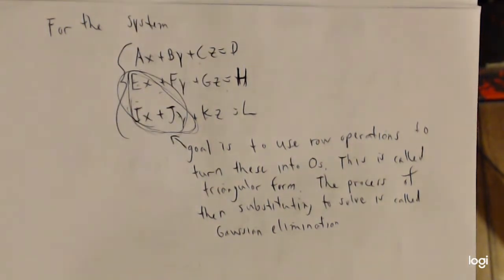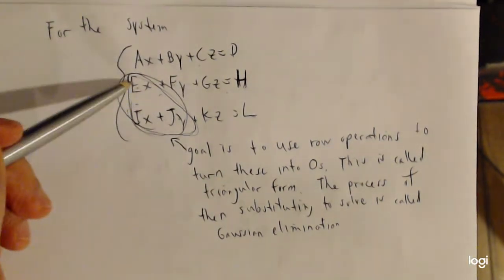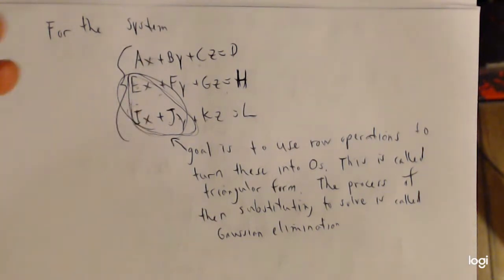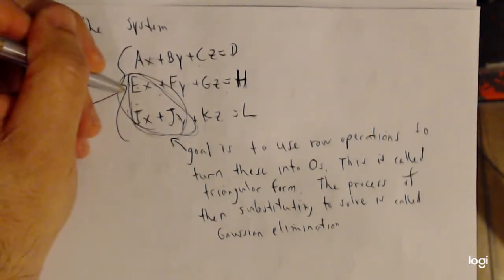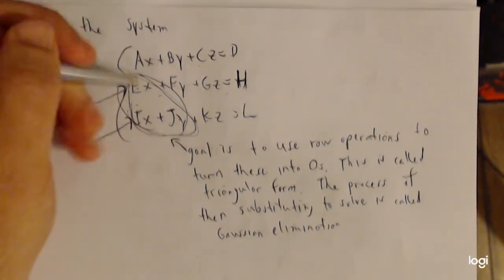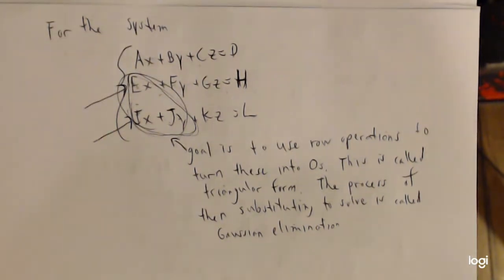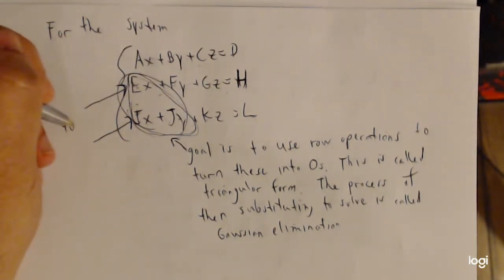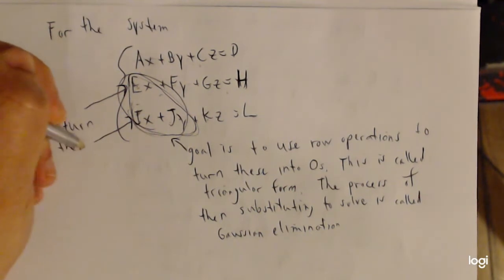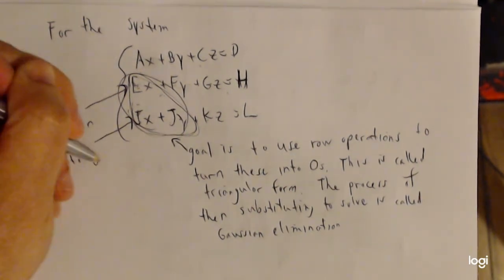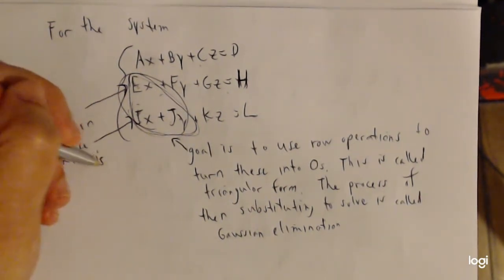Now, one comment I want to make is this. Whenever you're trying to turn these three into zeros, what we want to do is turn these two entries into zeros first.